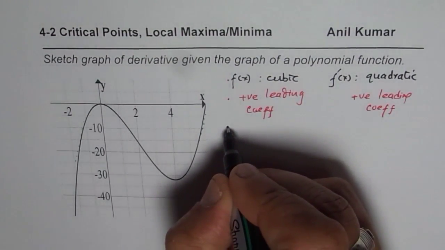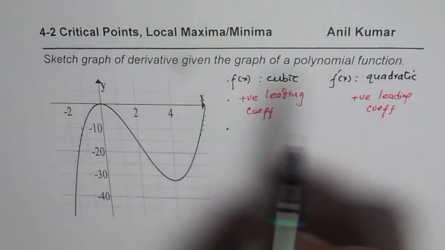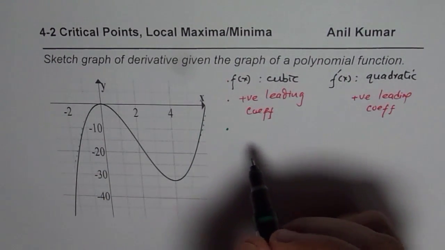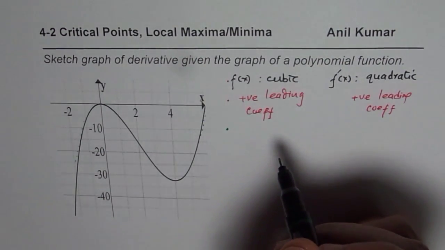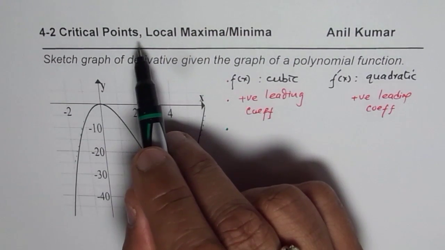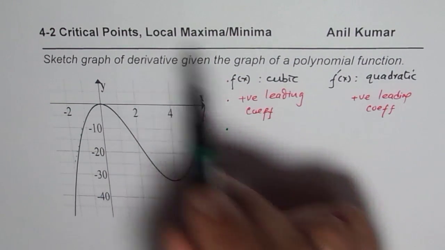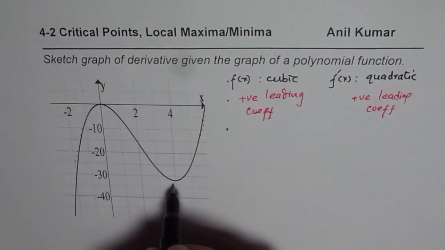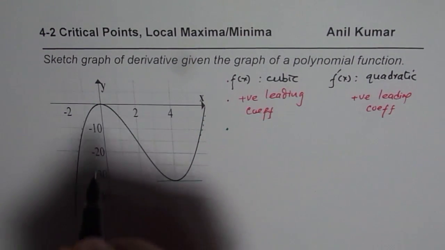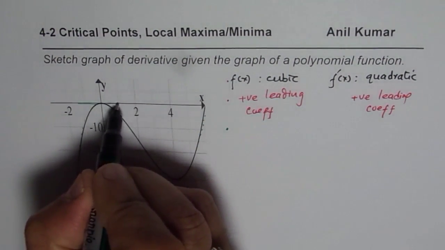Now we will use the information about critical points to get some more insight into our derivative function. Critical points are the points where the tangent slope is 0 or undefined. Here we have two turning points, right? One is at x equals 4. The other one is at x equals 0.